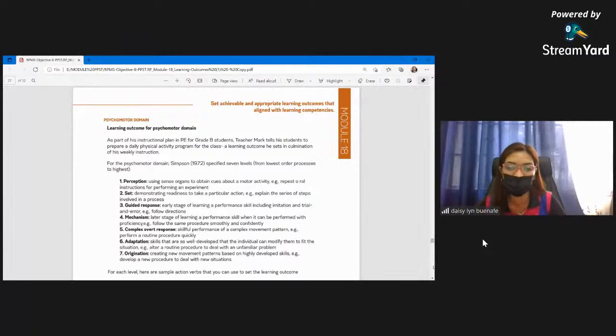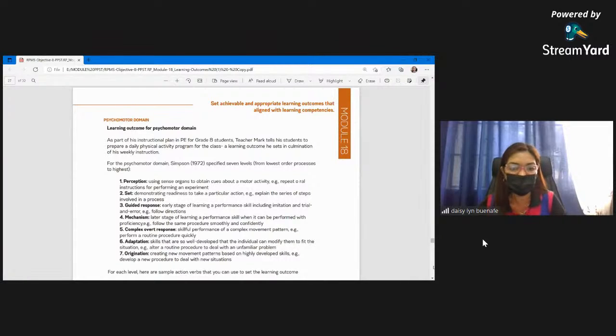Then number three, guided response, early stage of learning a performance skill, including imitation and trial and error. So, masahit magtulog po da kani sa PE, example na siya yung mga guide po ng mga videos, no, before na itudo sa mga bata ang teacher i-demonstrate sa niya. Number four, mechanism, later stage of learning a performance skill when it can be performed with proficiency.